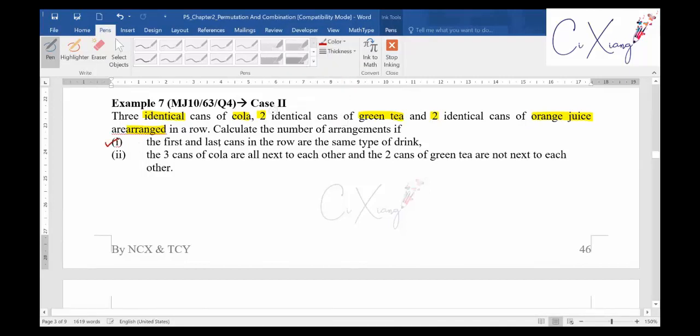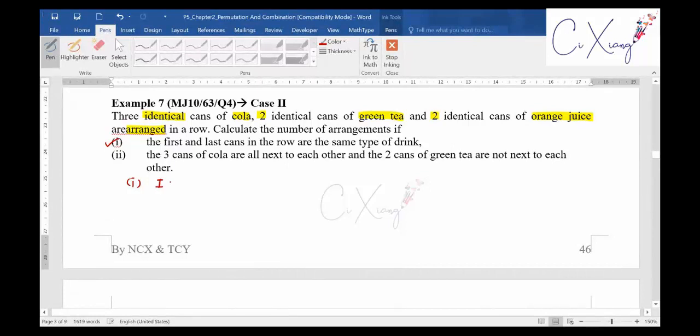Okay, so first, they are saying that the first and the last can in the row are the same type of drink. You have 3 types of drink, right? Okay, so now they want to make the cases that the first and the last can in the row are the same type of drinks. So maybe you need to list out the cases.